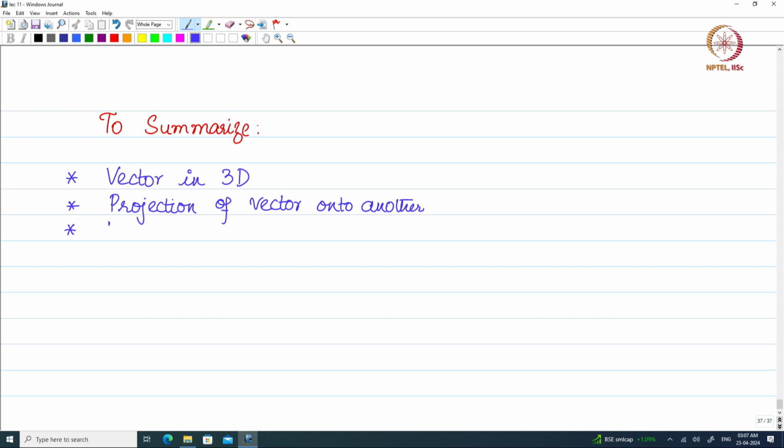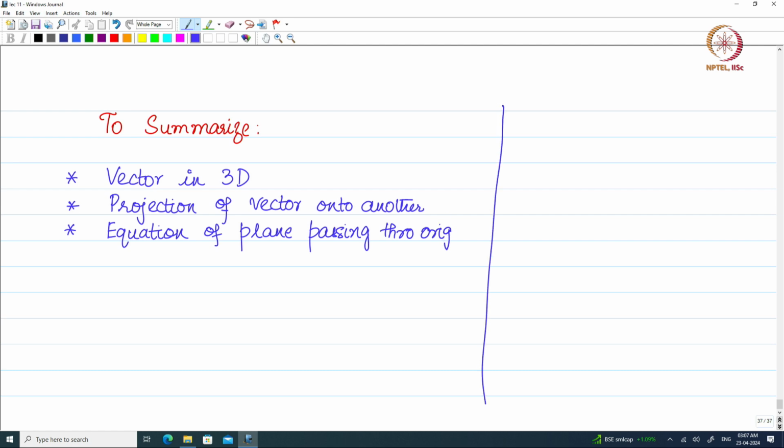In fact, even before looking at the distance, we looked at the equation of a plane passing through the origin and orthogonal to a given vector.